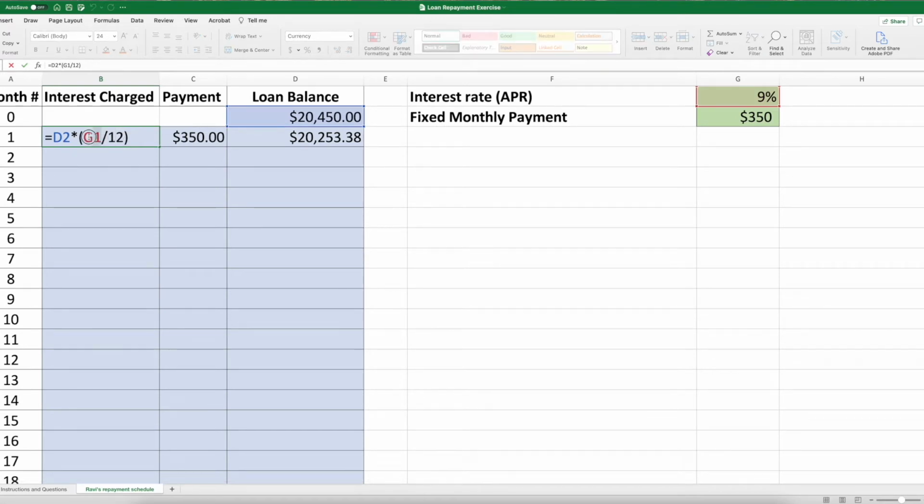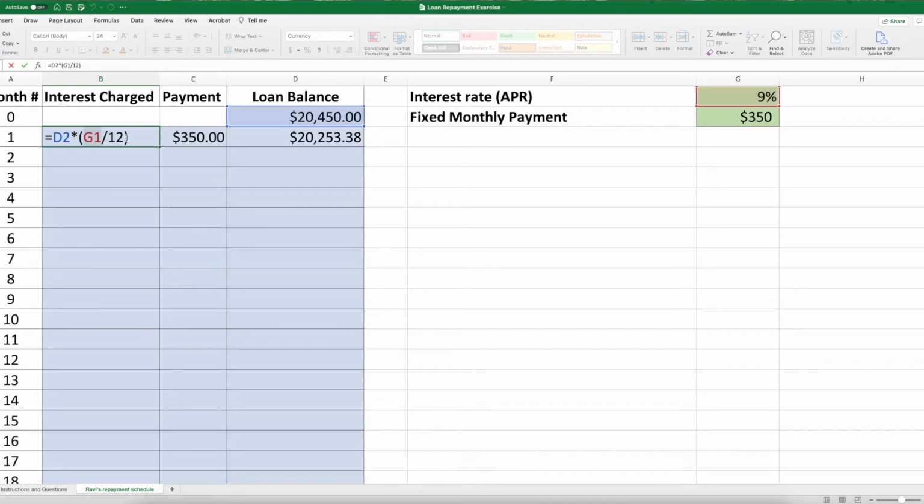This reference to cell G1, I want to make it an absolute reference, because when I copy the formula, I still want this part of the formula to be equal to G1. I don't want it to change according to the month.